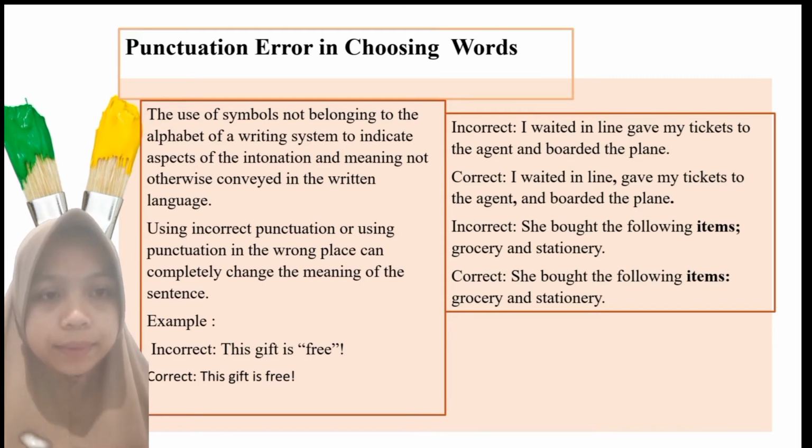The next example is the incorrect sentence: "This gift is free" with quotation marks. And the correct sentence is, this gift is free without quotation marks, but use bold face. So quotation marks are mainly used to quote speech, sentences or words.